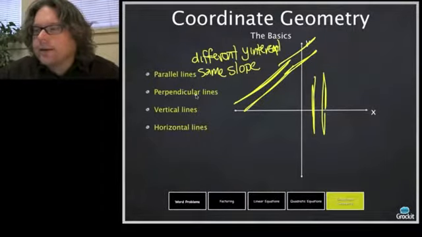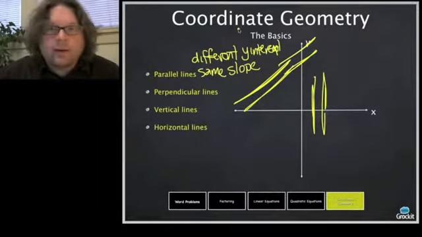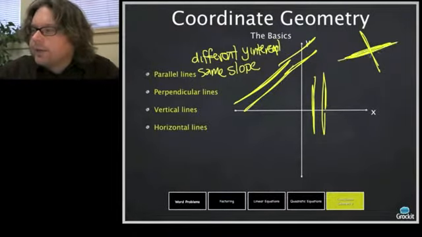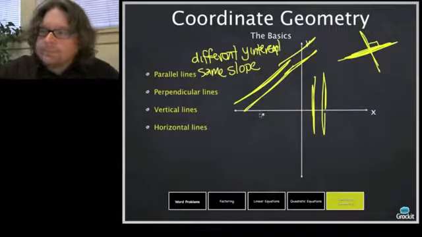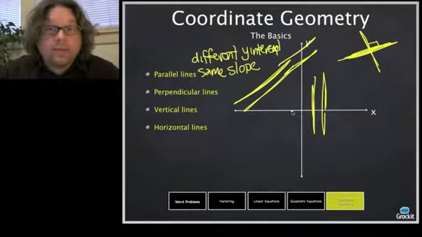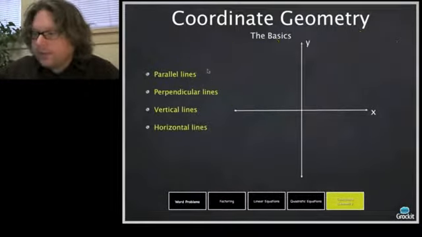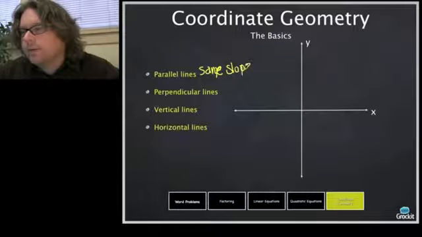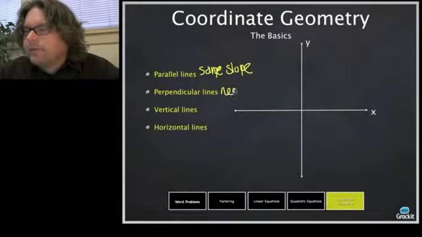Perpendicular lines will likely have different y-intercepts, they don't have to, but perpendicular lines are ones that meet at a right angle. Perpendicular lines then have negative reciprocal slopes. So these guys have the same slope. Perpendicular lines have negative reciprocal slopes.